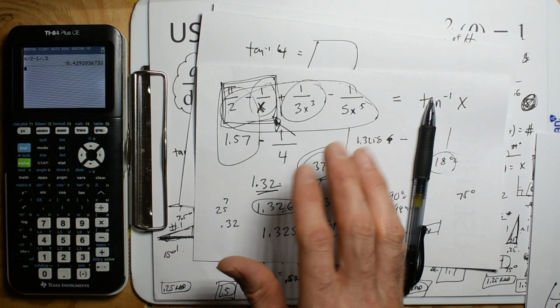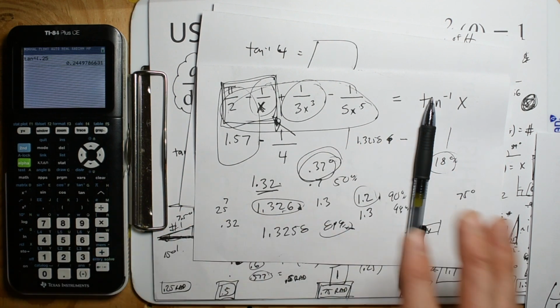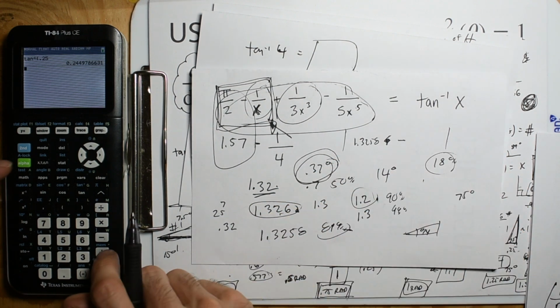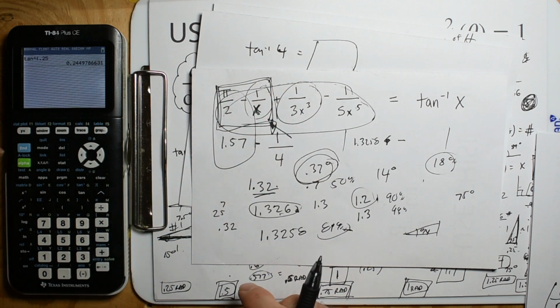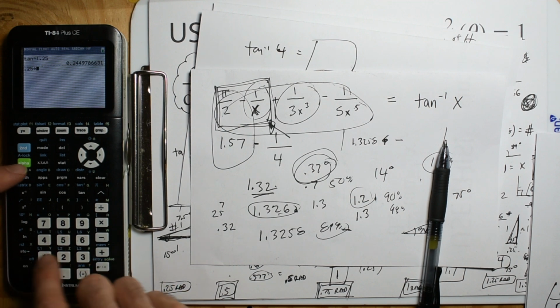So let's go pi divided by 2 minus 1 divided by 0.5. You can't even do that. Let's go back to the inverse tangent of 0.25. This is a 14 degree angle, or 0.24 radians. Let's do these first three, with 0.25 stored as x.